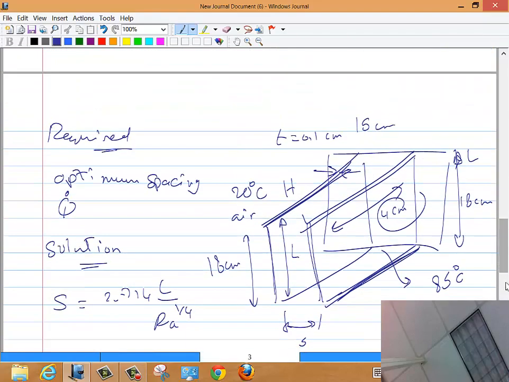All right. So now how can I get my Q? You want to say HA, right? Yeah. HA, and let's figure how you can get the A in a second. So HA multiplied by Ts minus T infinity.